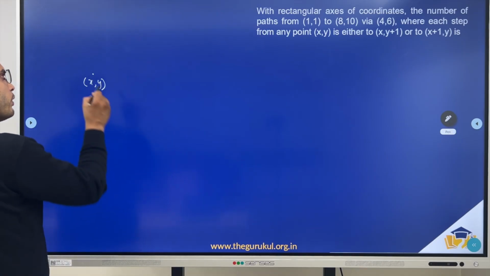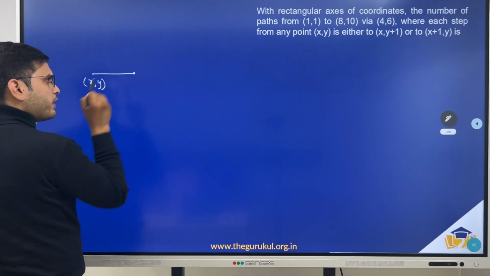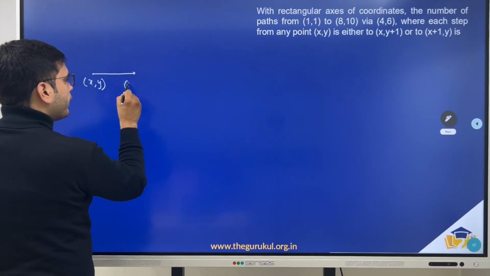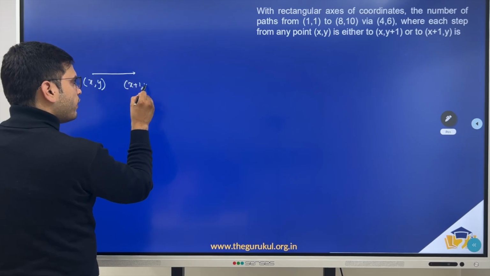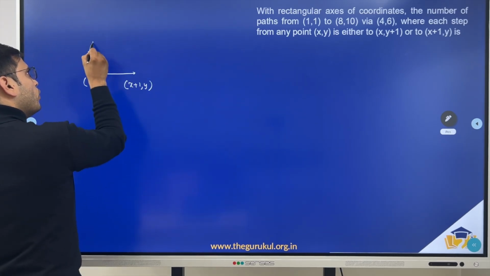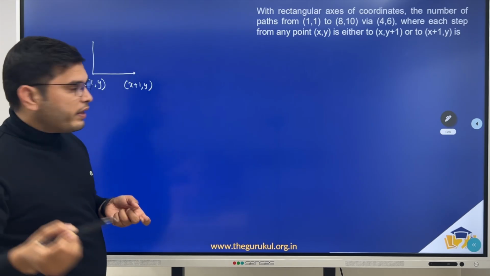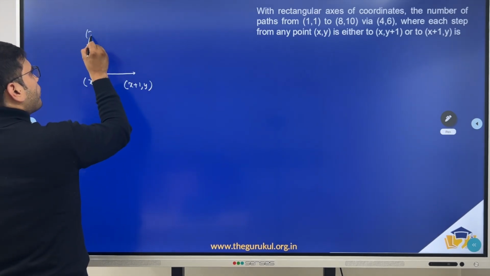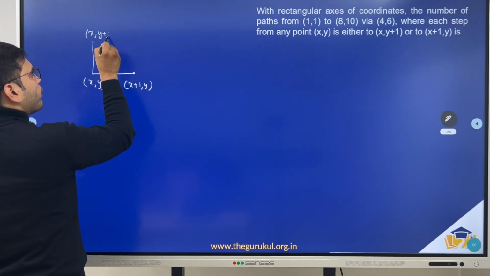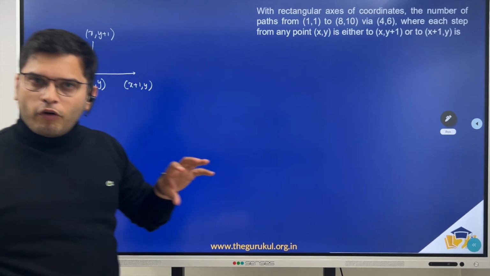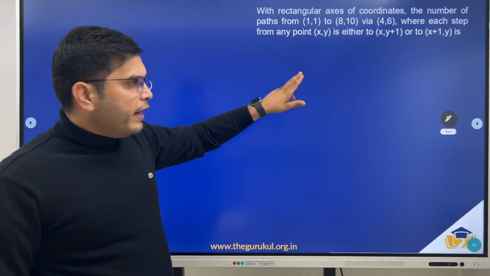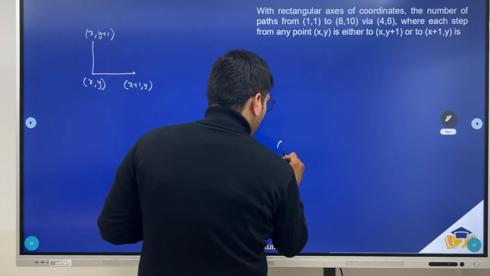You can take only one step along the x axis so that you reach x plus 1, y, or one step along the y axis, so you reach x, y plus 1. Following this, you should be reaching 8, 10 from 1, 1.